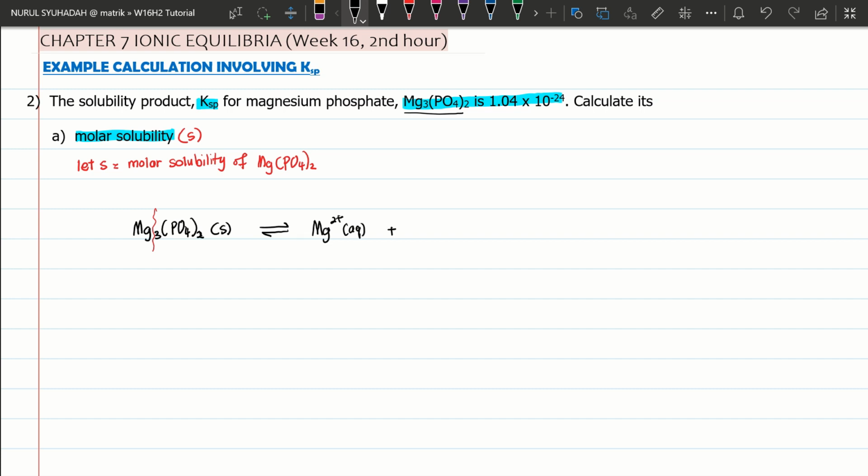Okay, tambah, so yang tinggal PO4. So PO4 ni akan jadi sekali lah phosphate. Okay, so berapa charge dia? Sekarang tengok dekat sini. Ingat balik, awak bayangkan balik awak tengah buat darab silang. So 2 adalah magnesium punya. So automatically 3 adalah phosphate punya. So kita ada dekat sini PO4 3 minus.